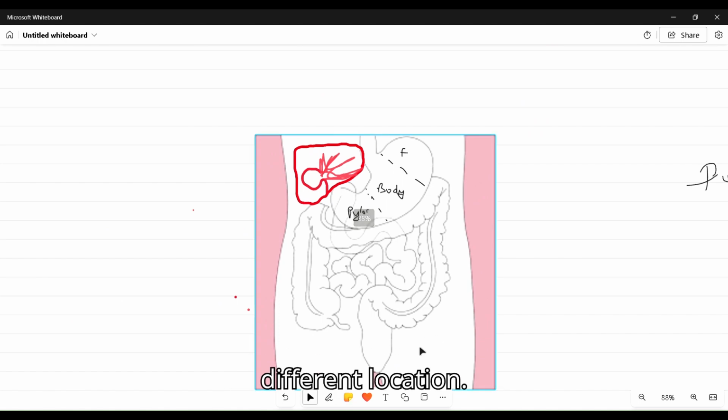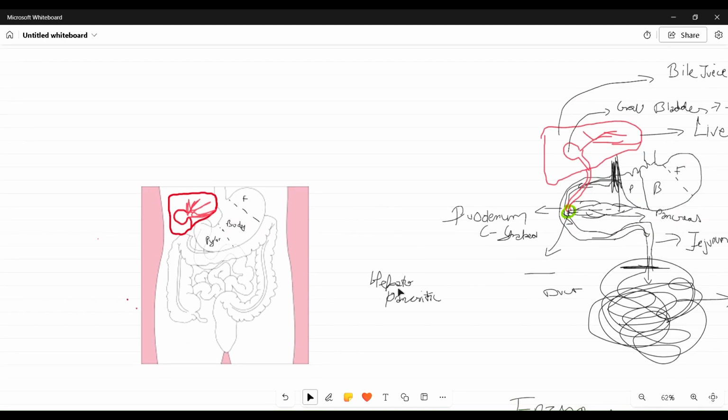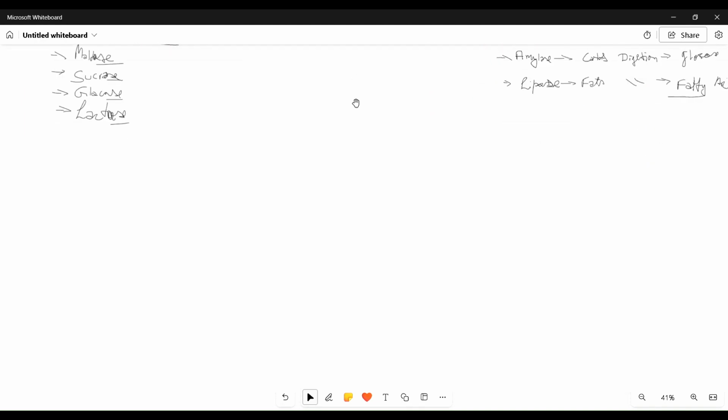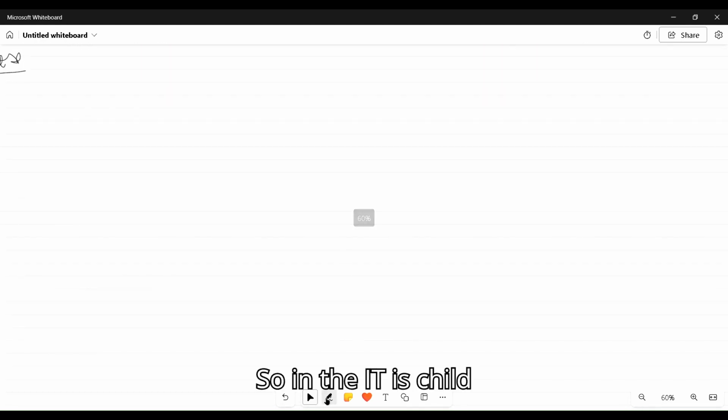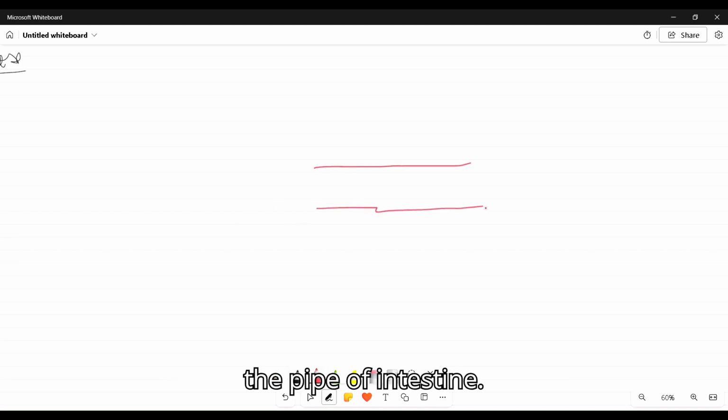In the ileum part of the intestine, this is the pipe of the intestine.